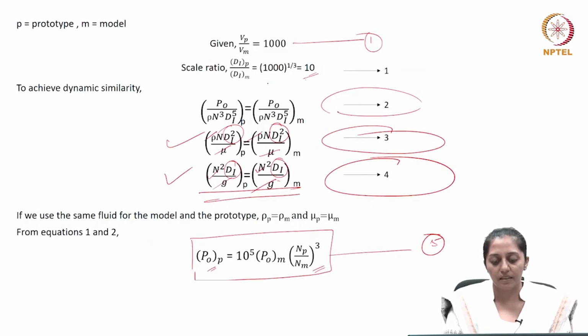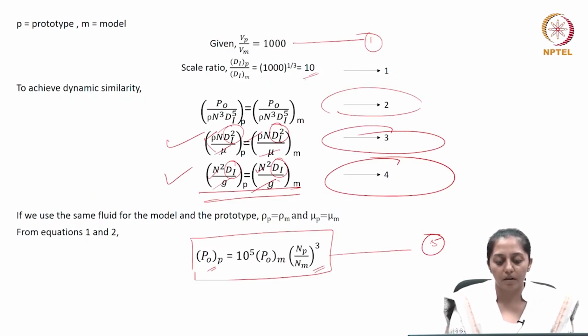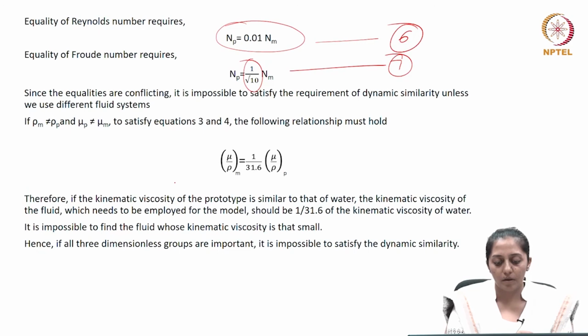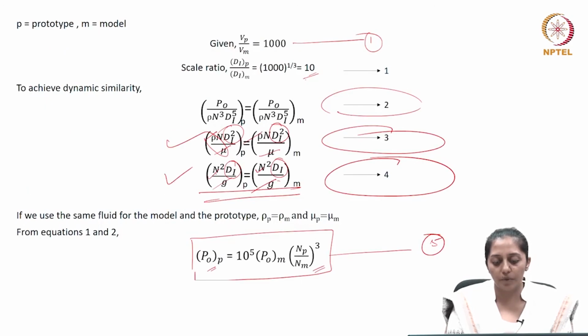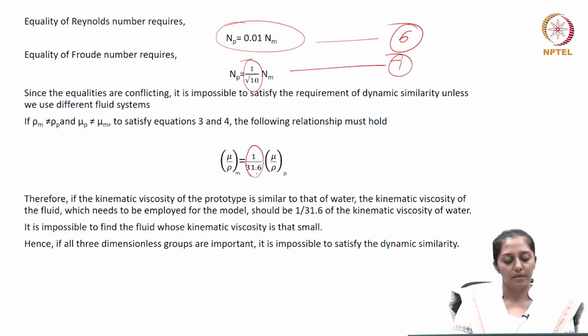If this can be substituted here, we can find how the fluid property mu by rho at the prototype will be related to mu by rho of the model, which comes out to be changing by a factor of 31.6.